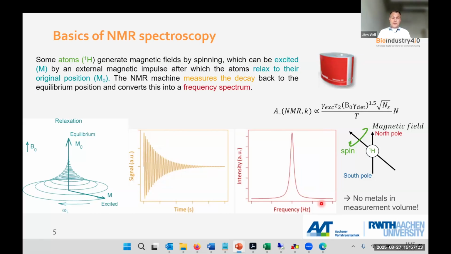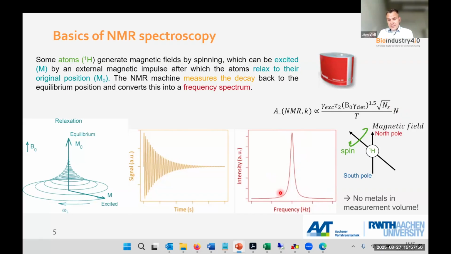Due to the magnetic properties of the atom and its shift, you can identify clearly the moiety of that molecule, and it's also proportional to the number of molecules. So the area under this frequency curve is proportional to the molecules that are in the volume of the measurement. So if you avoid having metals in the measurement, then you're free to use NMR.